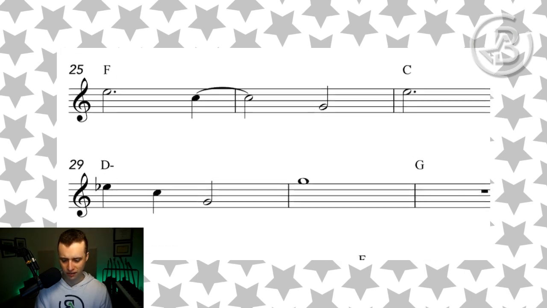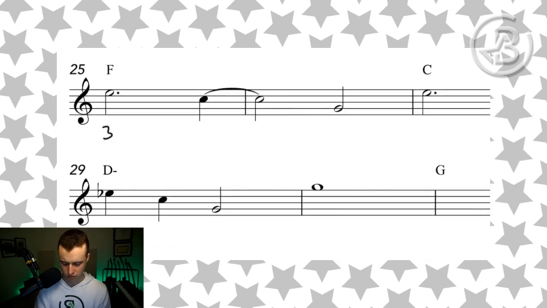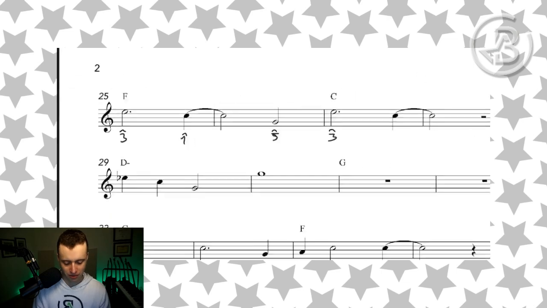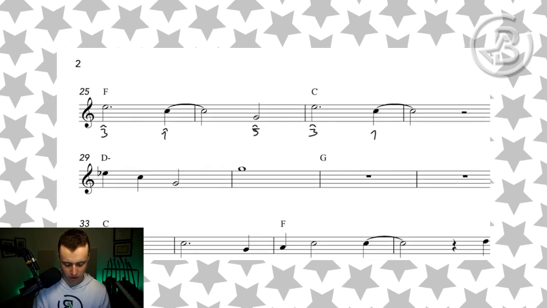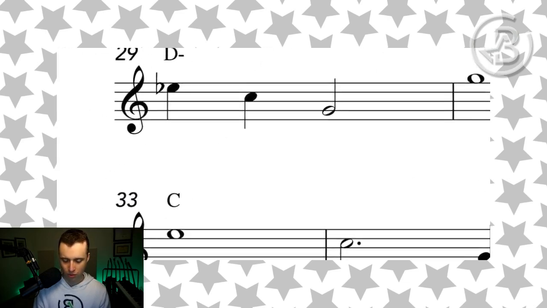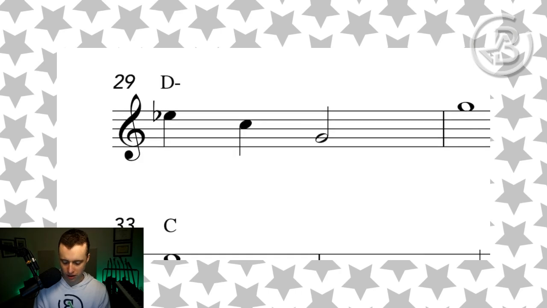Measure 25. Regular 3. 1. Well, right, not that a 3 without a flat is regular, but regular for the key. 5. Regular for the scale. 3. 1. Oh, here we are again.